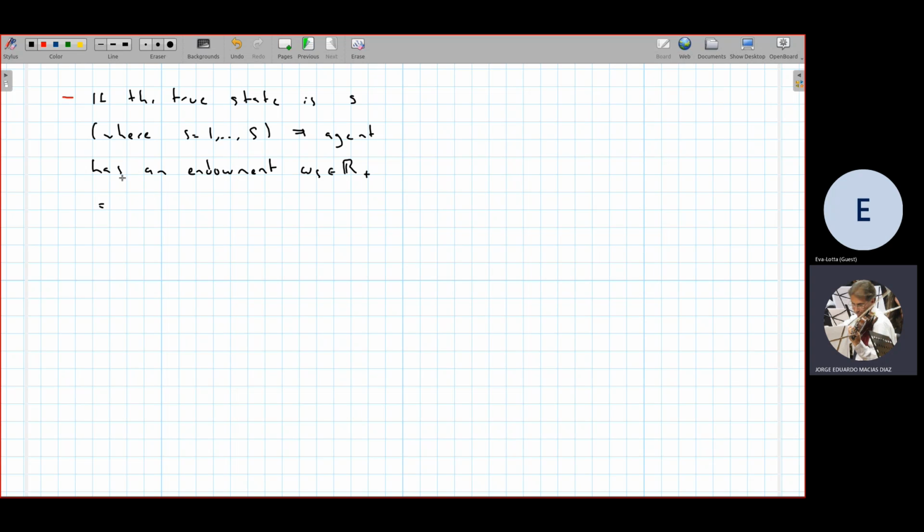In other words, this is like the agent's initial income in state s.